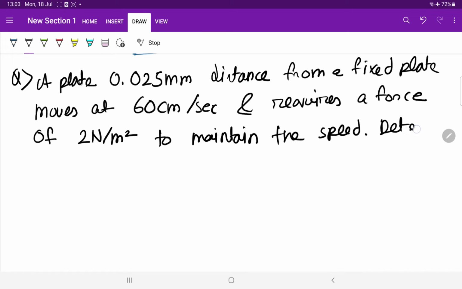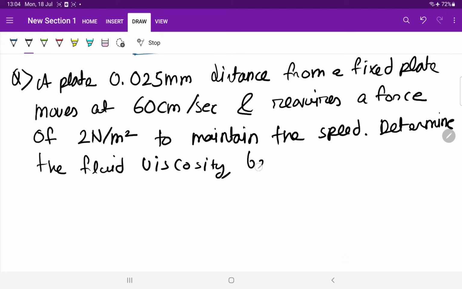So determine the fluid viscosity between the plates.